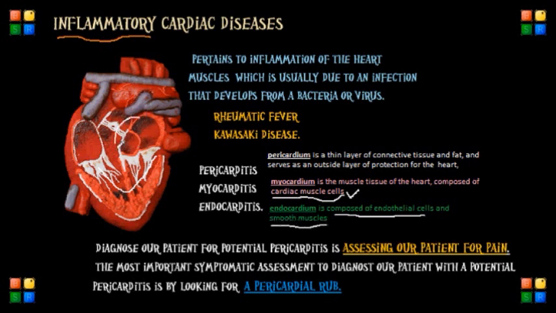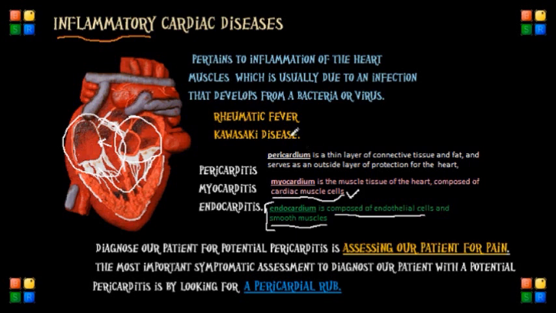That's why when we talk about an endocarditis infection, it is sometimes referred to as an infection of the heart valves, right? So again, a good way to remember this is that the pericardium is the sac or the outer layer, the myocardium is the middle layer and is also the thickest layer, and lastly, our endocardium is the inner layer and basically acts as a barrier between the blood and the heart muscle.